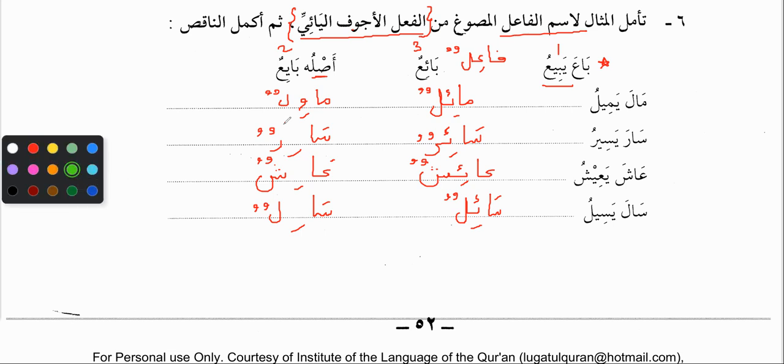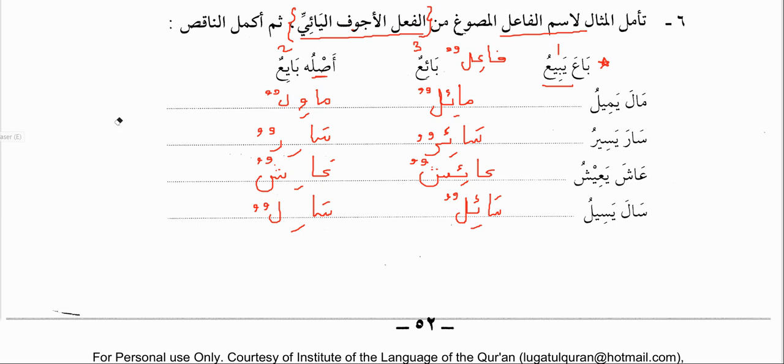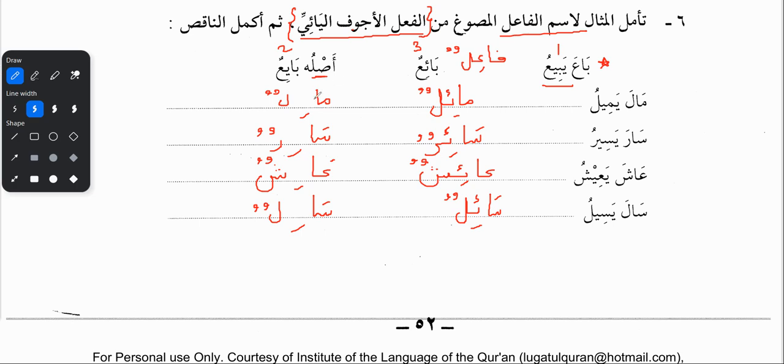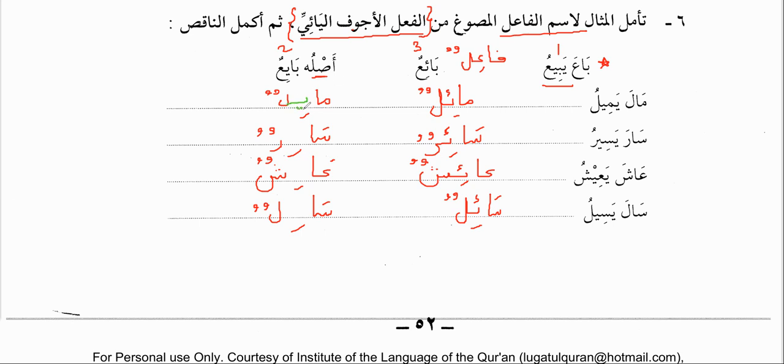So it will change to a ya, not mavilun, but mailun, sairun, and aishun, and sailun. So it will change to ya because we are doing the fail ajwaf al-ya'i. So please check that and don't make a mistake.